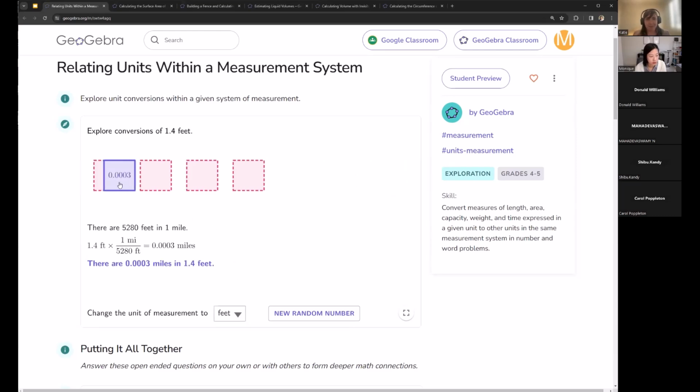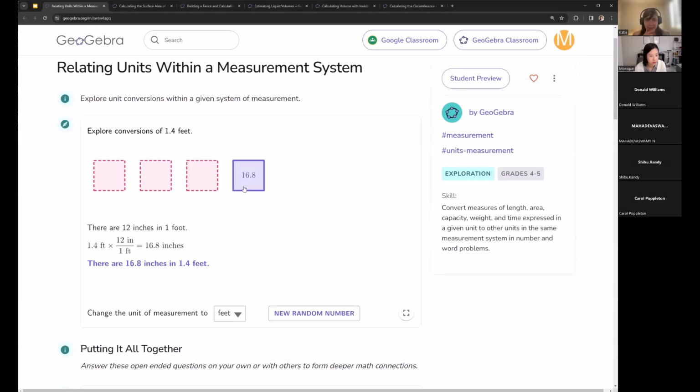How many feet are in a mile? We can look at the unit conversion that's happening, make that calculation, and also look at the number of, in this case, yards in a foot. So you can go from the smaller unit of measure to the larger unit of measure and vice versa. It's a very succinct and efficient way to explore a whole lot of stuff.